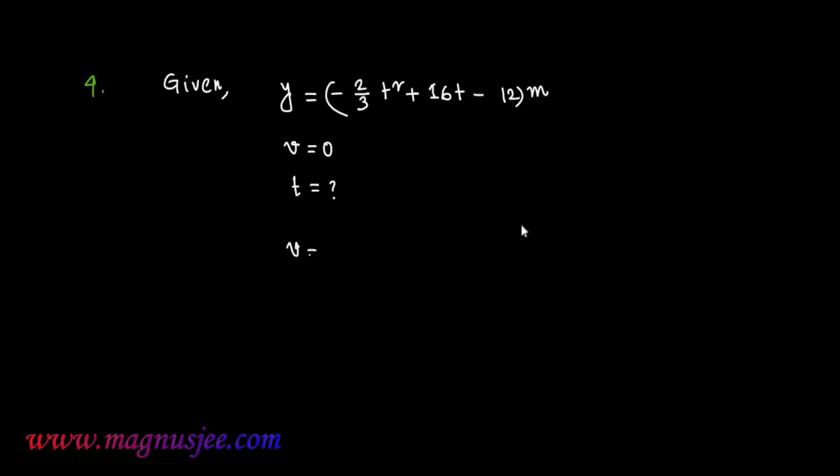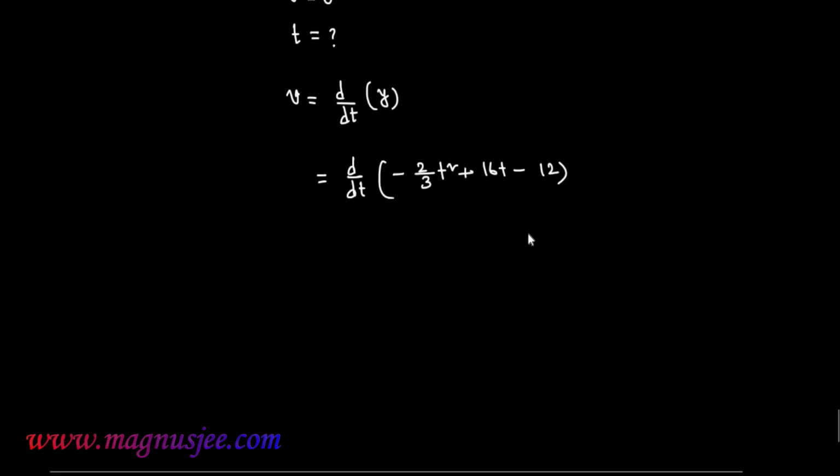So we can find the instantaneous velocity, that is d/dt of y, not s. In this case the displacement is y. That's why you have to write d/dt of y, and d/dt of minus 2 by 3 t square plus 16t minus 12. If you know the formula, we can directly write the ultimate result.